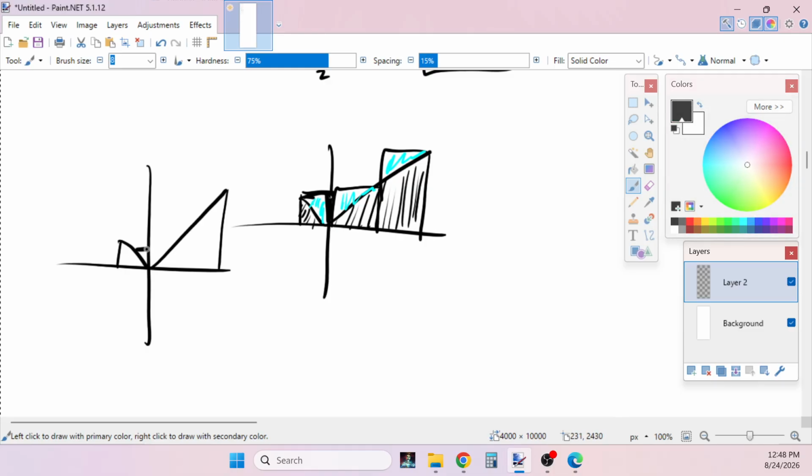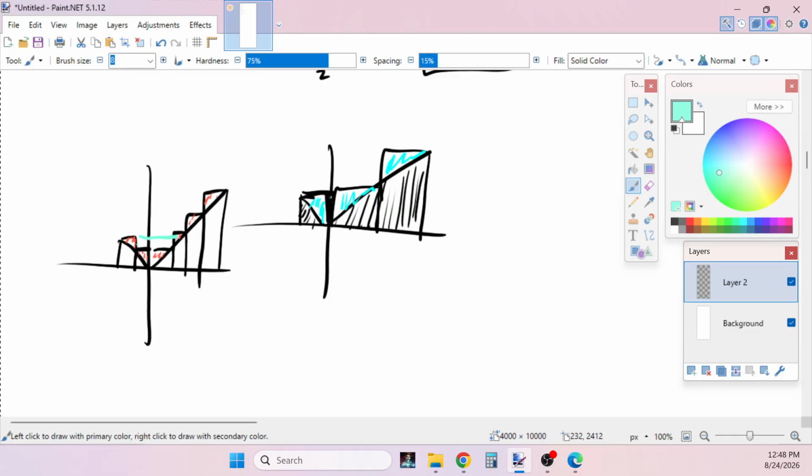But if I split into smaller widths, then I will overestimate by less. So now my overestimation is only this region here, which is smaller than the original blue region.